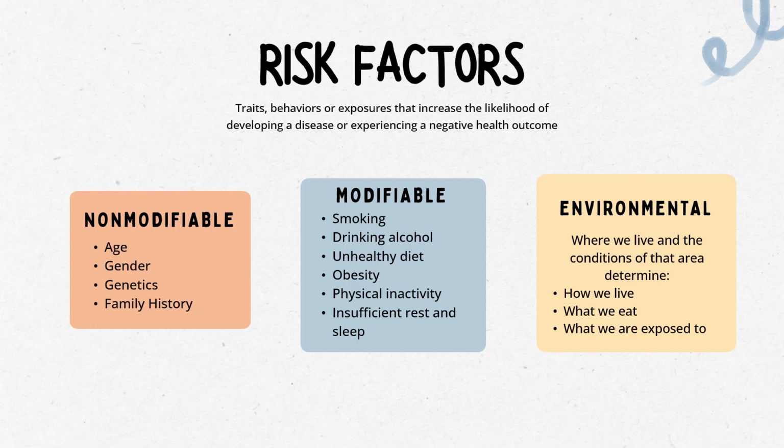So for instance, like poor housing, is there lead contamination within the home's paint, air pollution, contaminated water, and then also how, like what we eat. Does an individual have access to food? Is it hard for them to get to a grocery store? They're living in like a food desert. So those would be environmental factors.